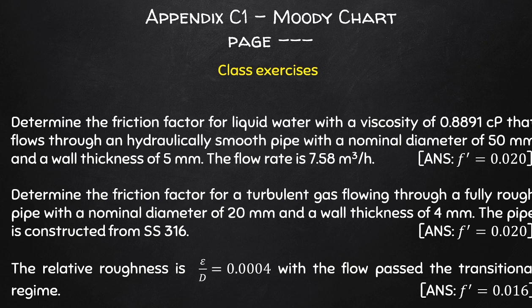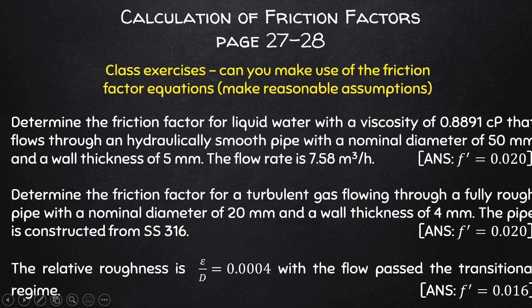So quickly take a pause here and try out the following. And once you have tried those out, use the equations in the textbook that applies, and see if you can also get the following frictional factors, or friction factors. Typically, friction factors that we will expect are f prime equal to 0.018 to 0.020.